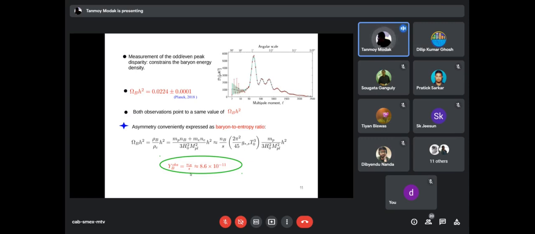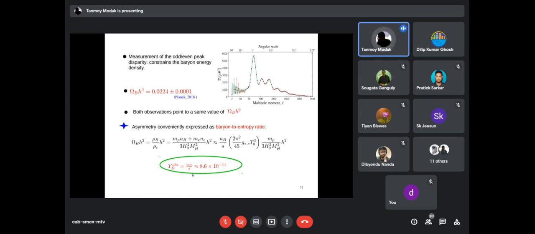It is a convenient way to express it because this quantity is conserved during the expansion of the universe. How? Because n_B scales as a to the power minus 3, where a is the scale factor, and the entropy also scales as a to the power minus 3. So it cancels in the ratio. When the universe expands, this number remains constant.